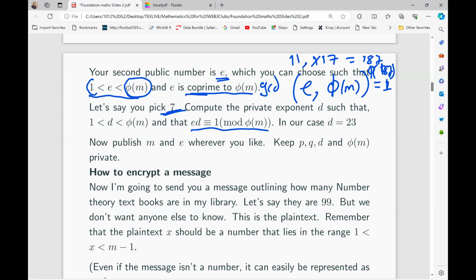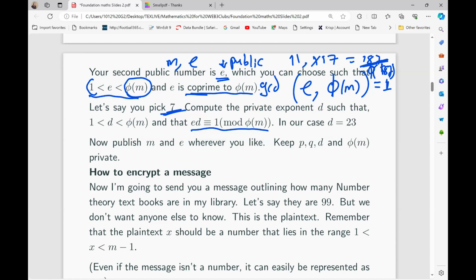Just before you find that D, let me say that this E is a public key. You will send it to me so that I send you my message. The other thing you will send to me is that 7. So you will send me 2 public keys. One is M, the other one is E. M, remember, is the product of the 2 prime numbers you picked.